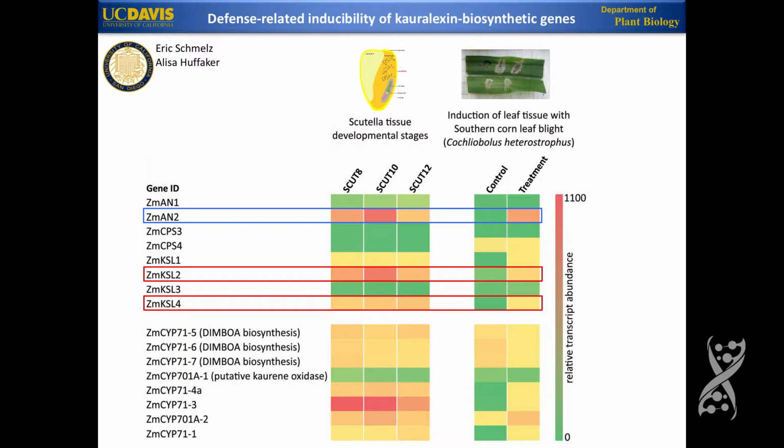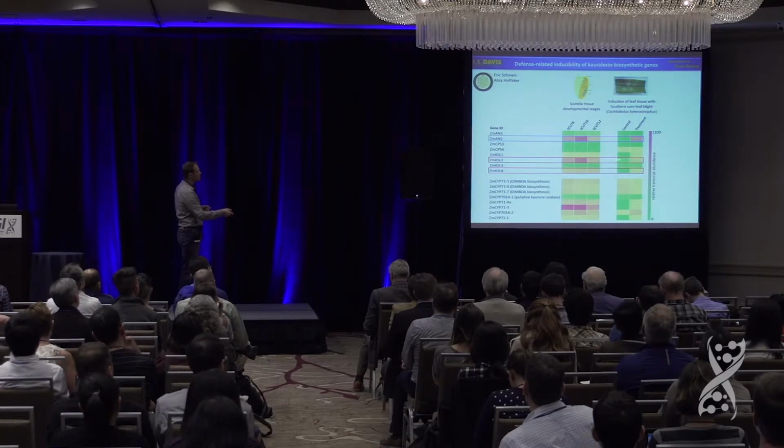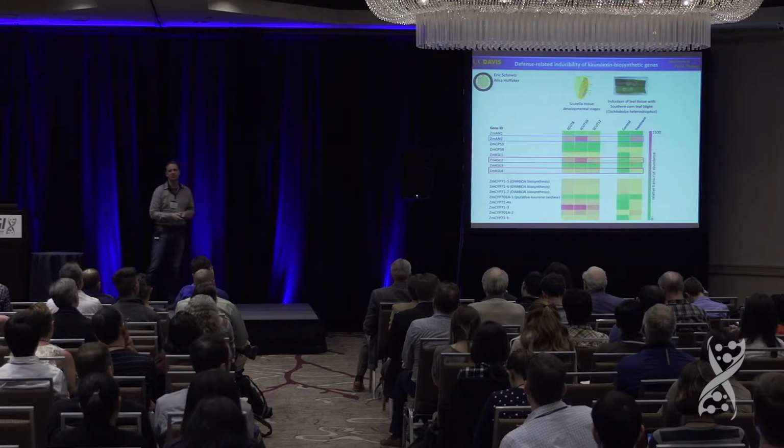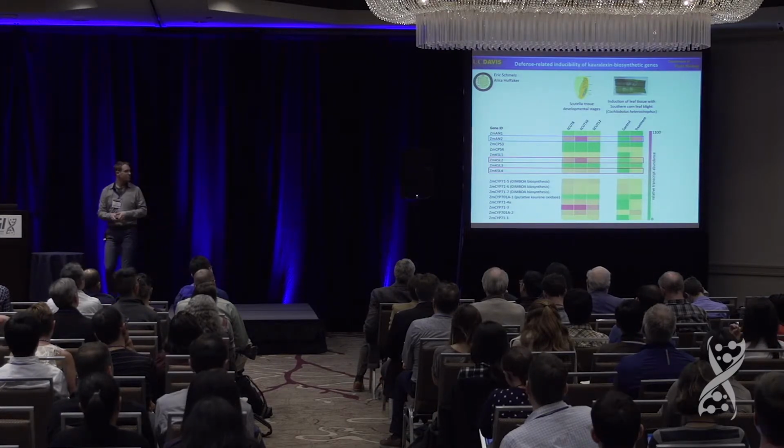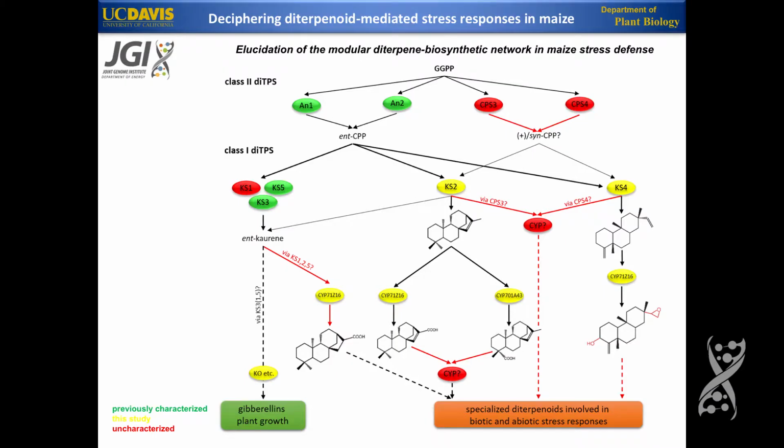And now we were interested in the next steps. What we found here, we found 2 candidates that showed a very nice, similar expression pattern to AN2, both of which were inducible. So these were really prime candidates for us to look into. And what we found is a metabolic network somewhat more complex than the one I showed you in Salvia divinorum.